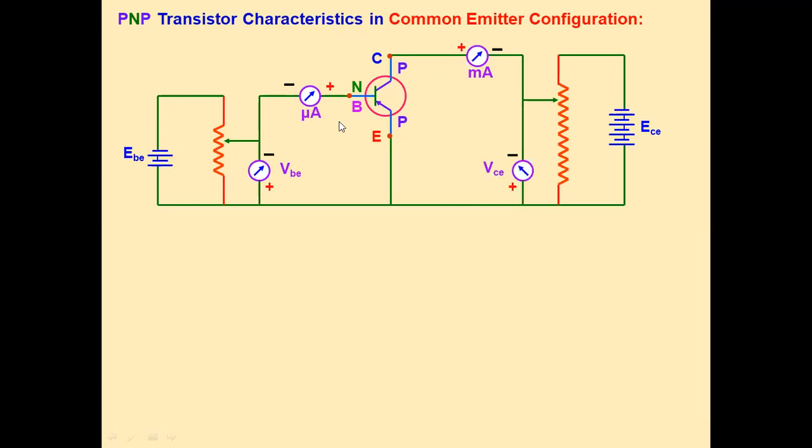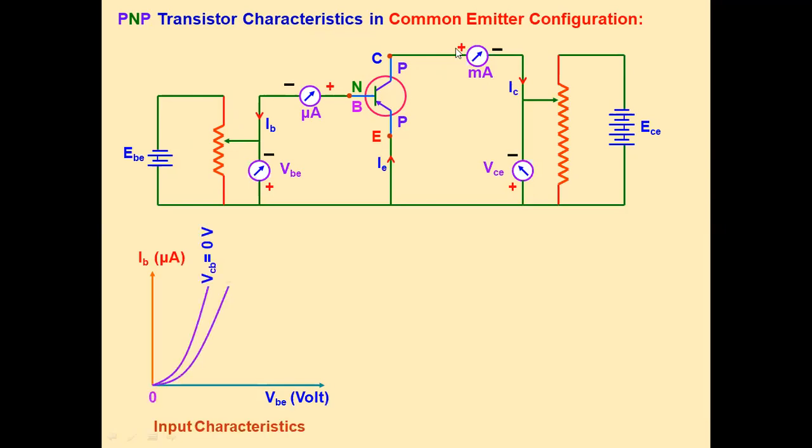In the input characteristics, this VCE remains constant, that is, the voltage across collector and emitter remains constant. Then change the voltage VBE, that is base emitter, and measure IB. Then the IB characteristics is known as input characteristics.